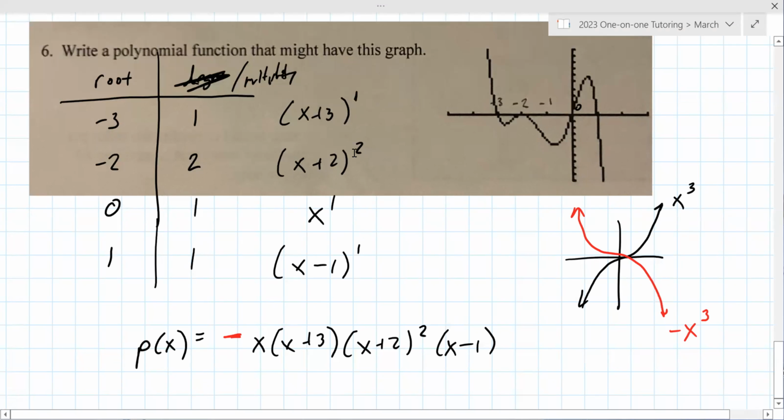So you've got 1 plus 2, that's 3, plus 1, that's 4, plus 1 is 5. So your degree you get by adding the multiplicities. So yours is 5. Since it's odd, we know that it's got to be going this direction because the standard odd goes up, so it must be a negative in front there.